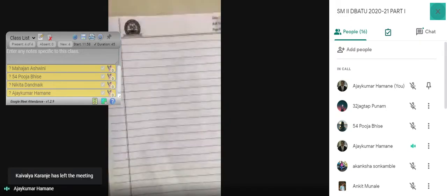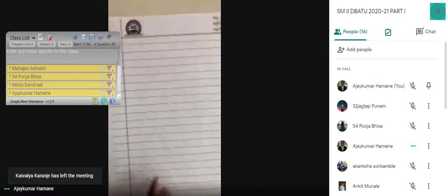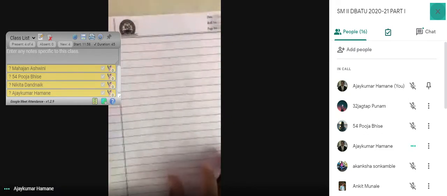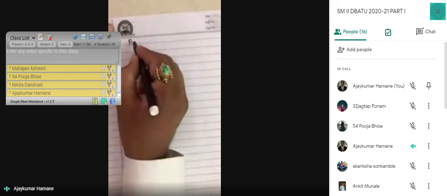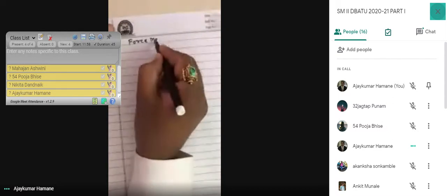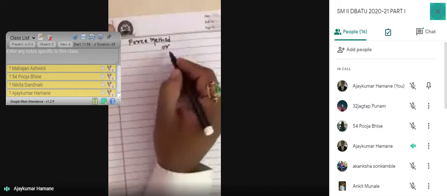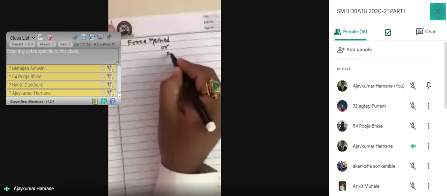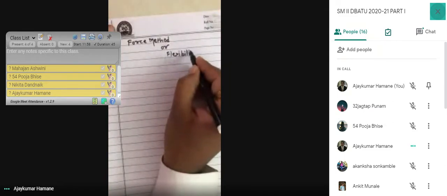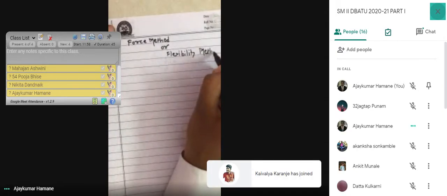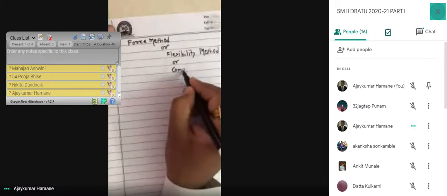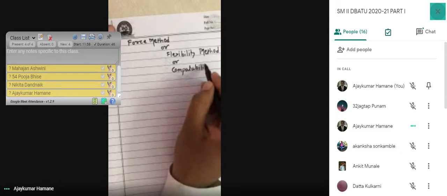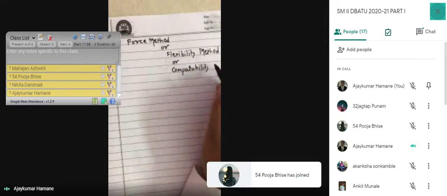Okay. Next we'll see what to form to solve this flexibility method. So force method, also called flexibility method, also called compatibility method.